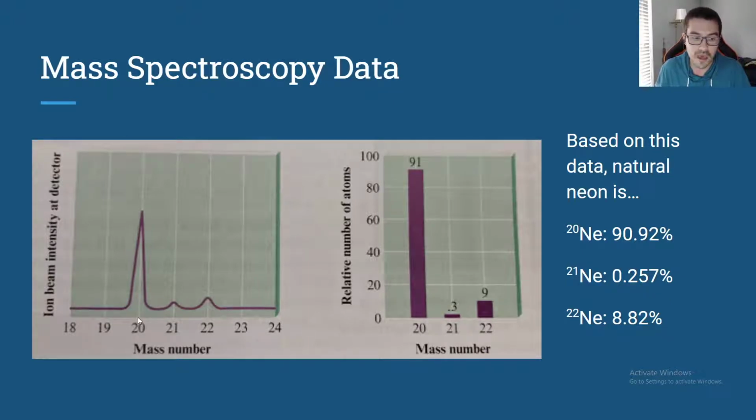The way that the detector is calibrated and the way that the data gets spit out to you is that you would actually know what the mass number is for those different isotopes. So even if you didn't know that this was neon, you could see that this was mass number 20, mass number 21, mass number 22.